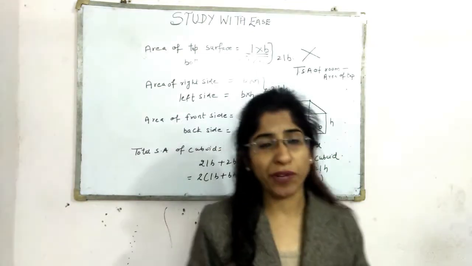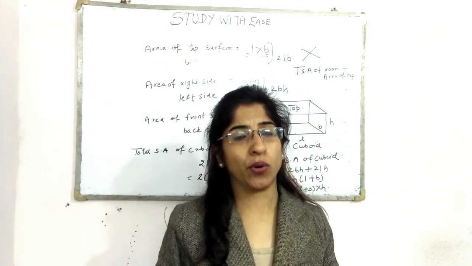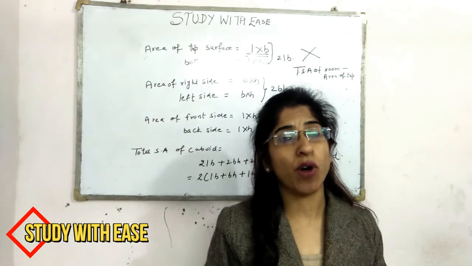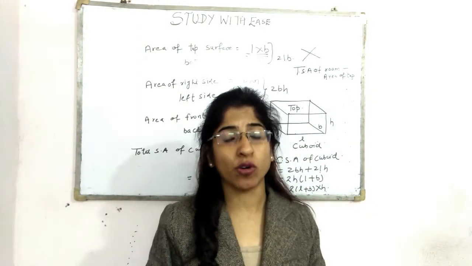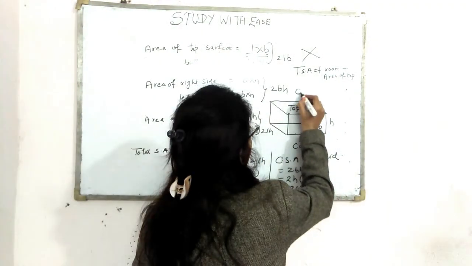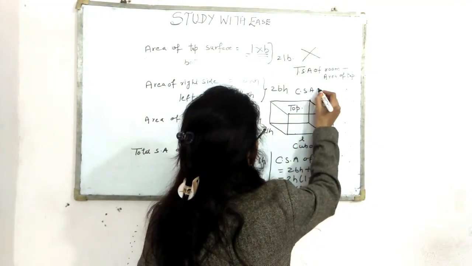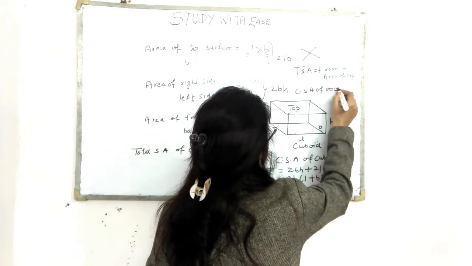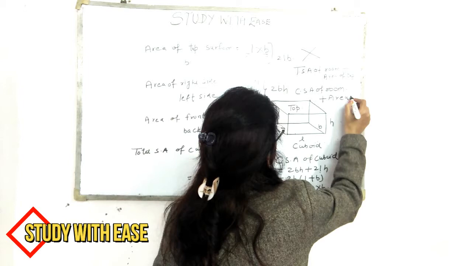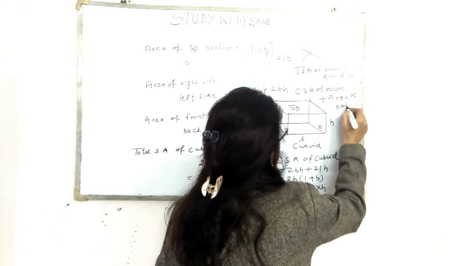This is one way to find the area of the room where the ceiling is not present. Suppose we want to find the area of that room in a different way. We can also write curved surface area of room, or you can say cuboid, plus area of bottom surface.